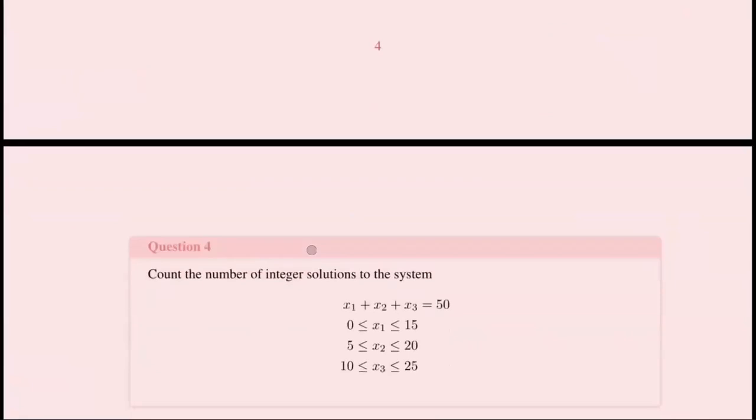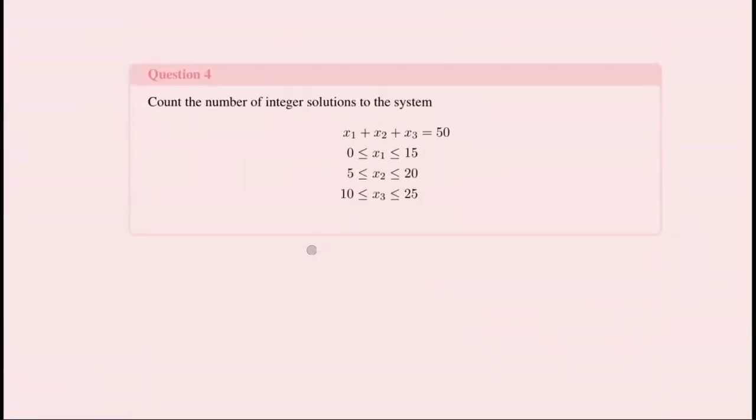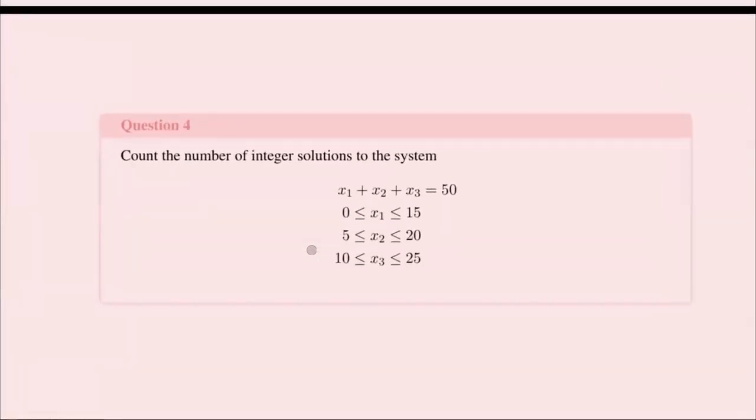If there is no question, I will let you work on question 4. You will see that it is something built up from question 2, but it will be more difficult because now you have the upper bound as well, not just the lower bound. You might want to use the formula for the cardinality of the union of 3 sets.